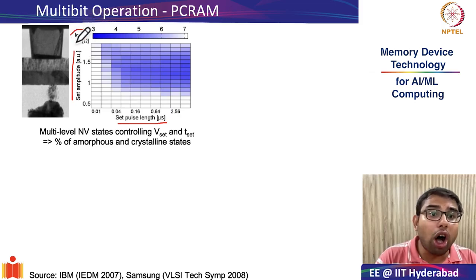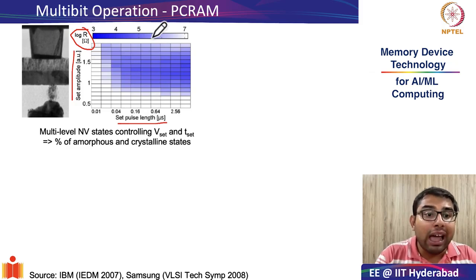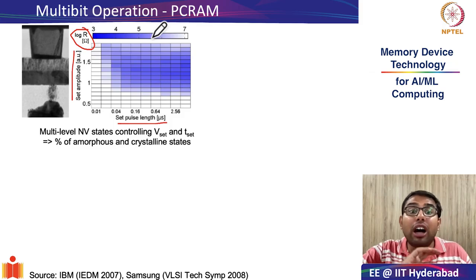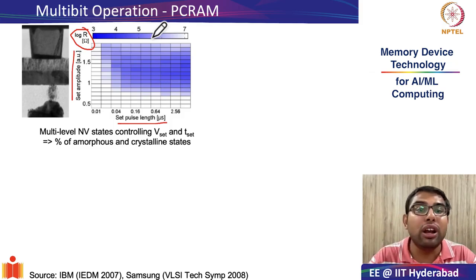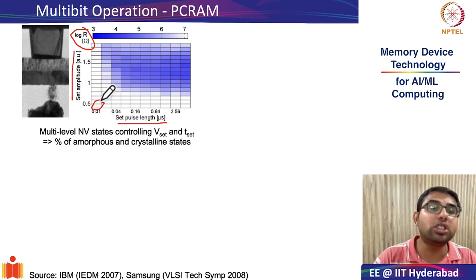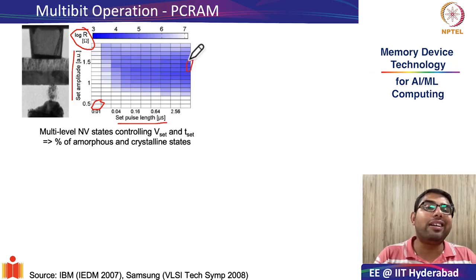See, this is log of resistance. By tuning the amplitude and width of the set pulse, you get different percentages of conversion between amorphous and crystalline phase. Look at this: this is very high resistance, so this is completely amorphous, whereas this is very low resistance, so this is completely crystalline.